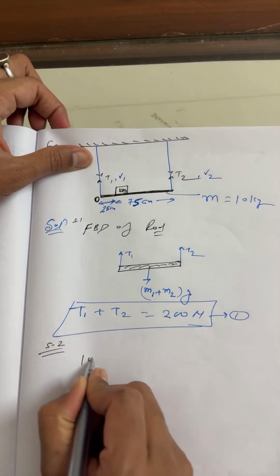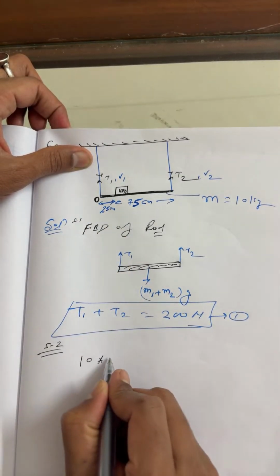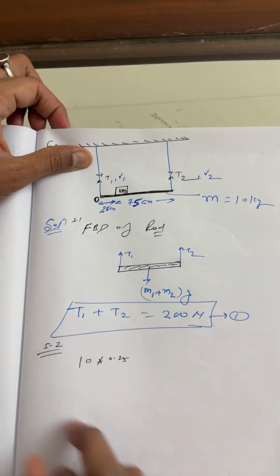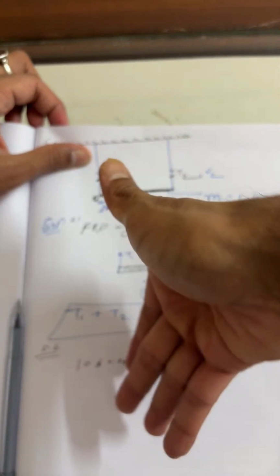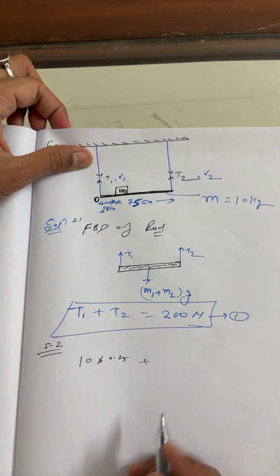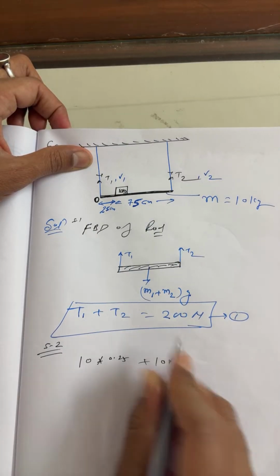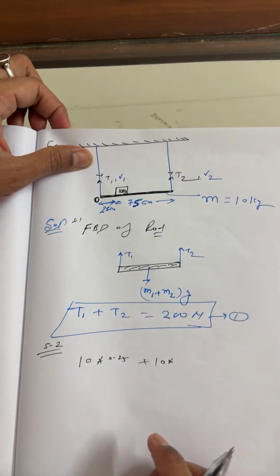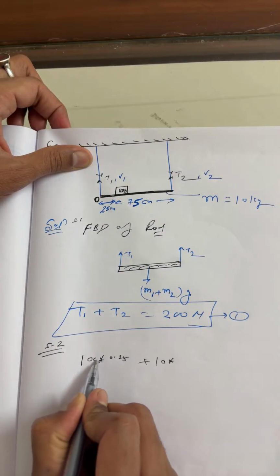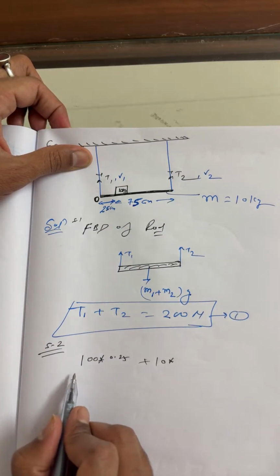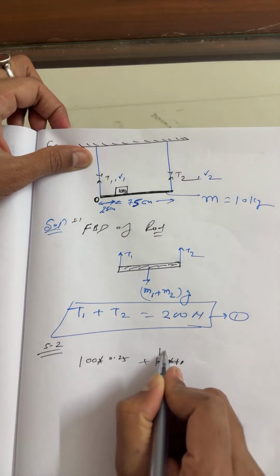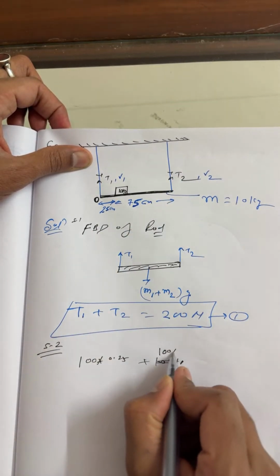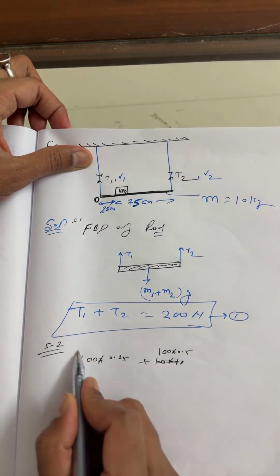The force is 0.225, torque due to the 10 kilogram mass plus torque due to the mg force of the rod. The mg force always acts at the center of mass of the body, so this is 100 newton into 0.5.